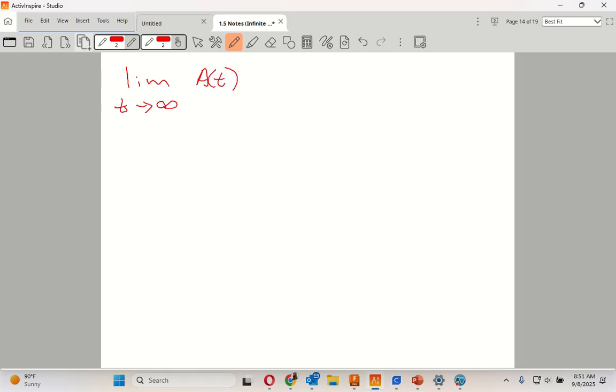So that is going to be 25 e to the negative 0.051 times infinity.